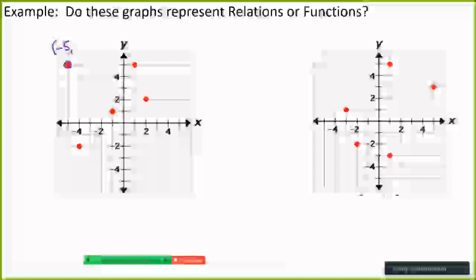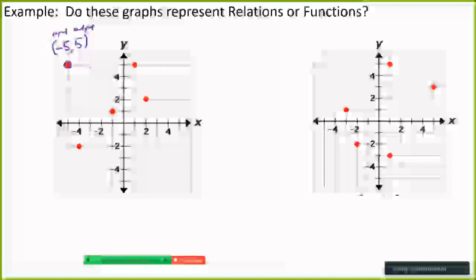And how high or low is it? It looks like it's at +5 for its height. So this ordered pair would be -5, 5 for its input and output. So all these different red dots we see are just ordered pairs of the input and then the output, but we are graphing it to show it visually.